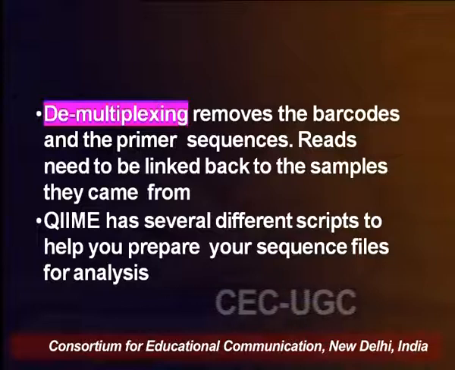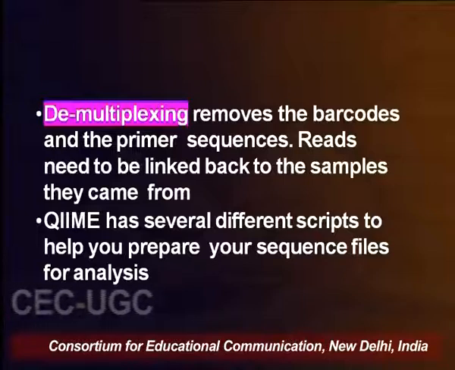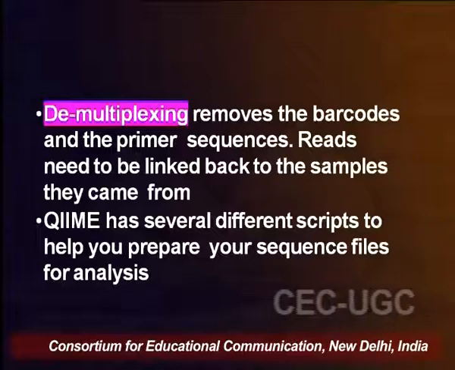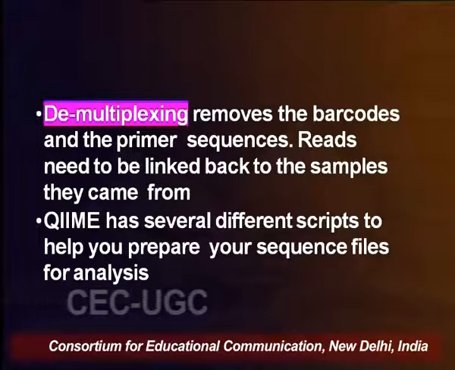And we also need to, because sometimes the sequences are mixed and the sample sources are different, we must be able to link them back to the samples from where they have come. This is what we do in demultiplexing, and QIIME has different scripts to help you prepare your sequence files for analysis. This is a very important step which must be done before further analysis.